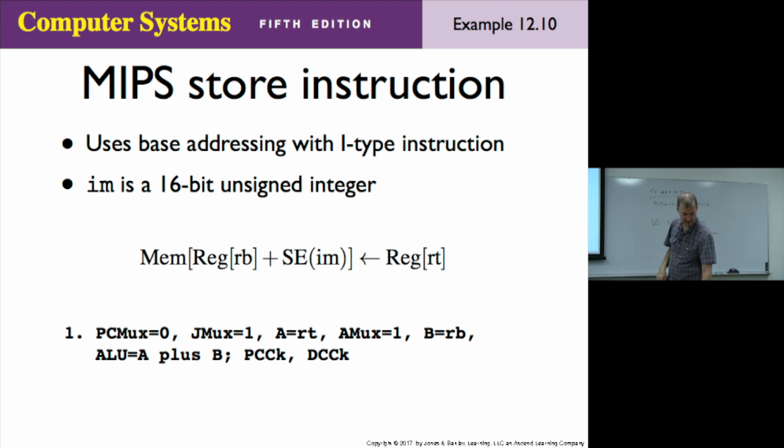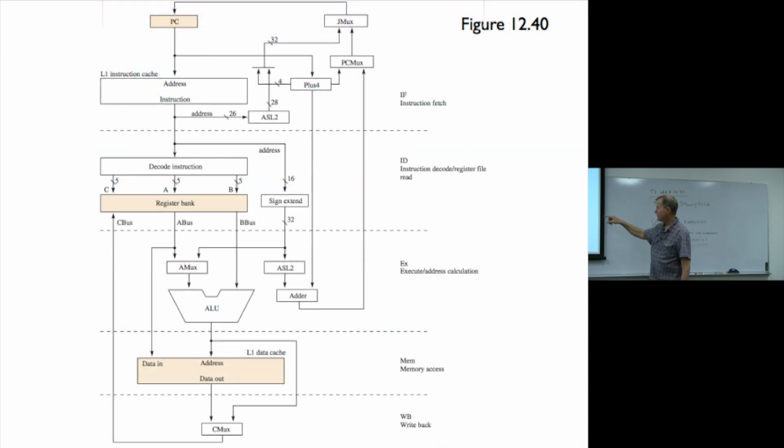So let's go back and trace it through. So this is a store instruction. So we're not clocking anything back into the register bank. We're clocking it into the data cache, right? So it's the DC clock. The data cache clock is what gets activated, is what gets pulsed.